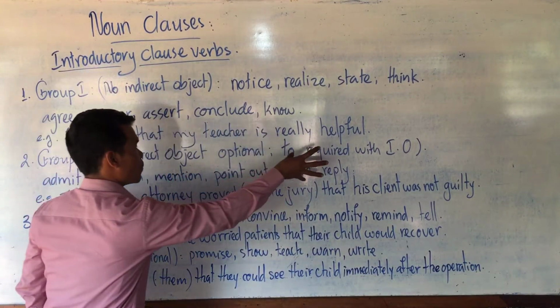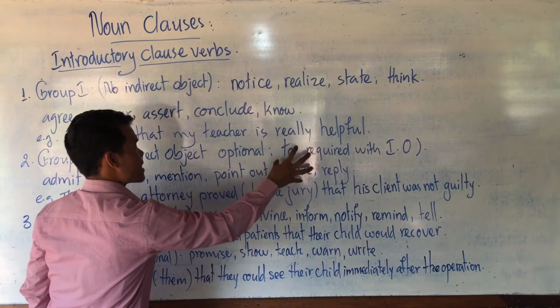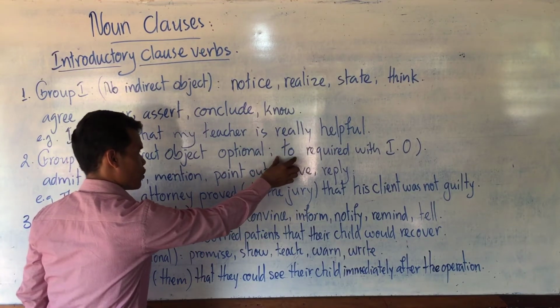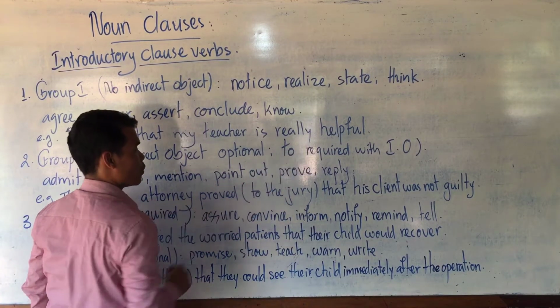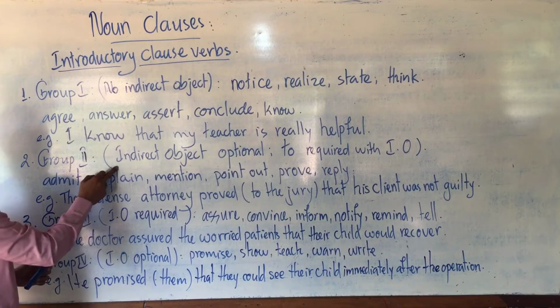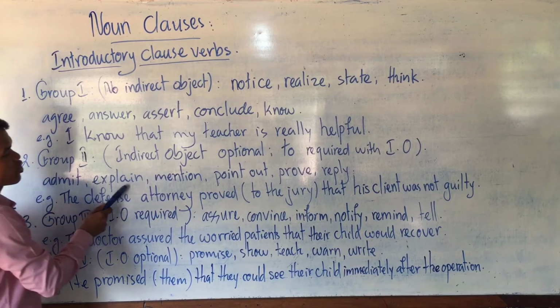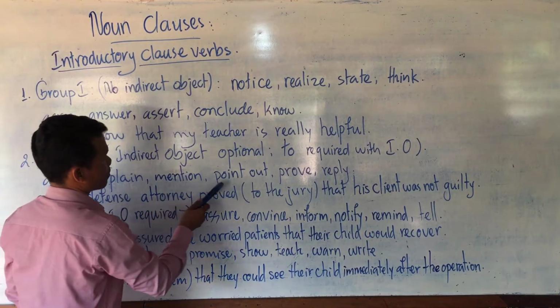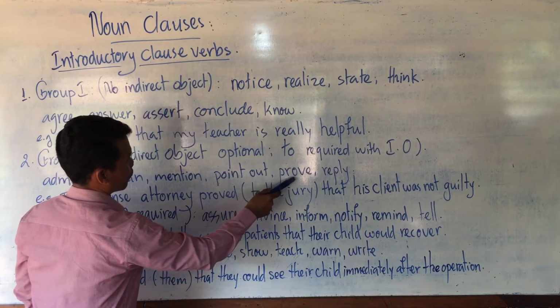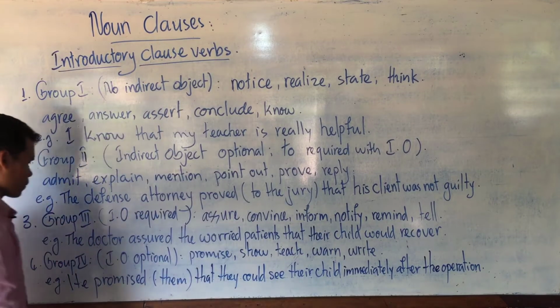When you retain the indirect object, you have to use to. What are the verbs in group number 2? They are admit, explain, mention, point out, prove, reply.